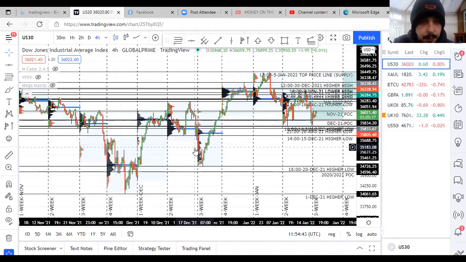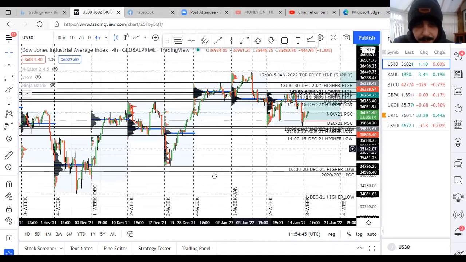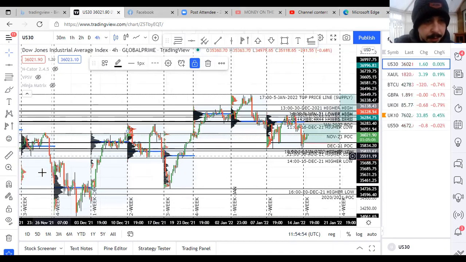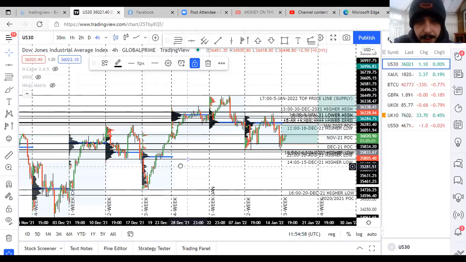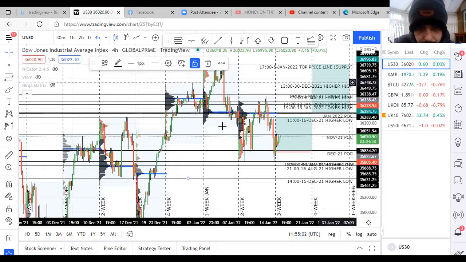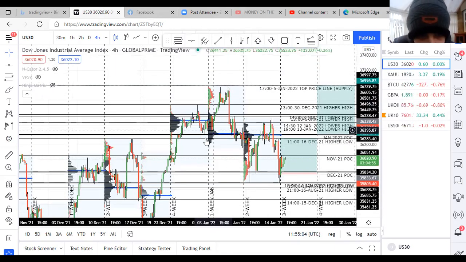What I've looked to do on mine, I'm just looking for when it hits, once we've had, as Jeff calls it, discovery mode. We're in discovery mode here. But once we've had the discovery mode and we do find price, the POC, they do hit here.